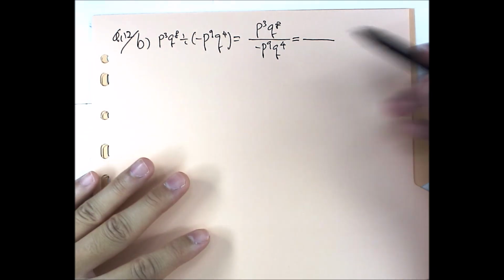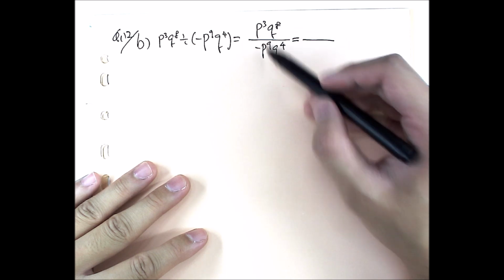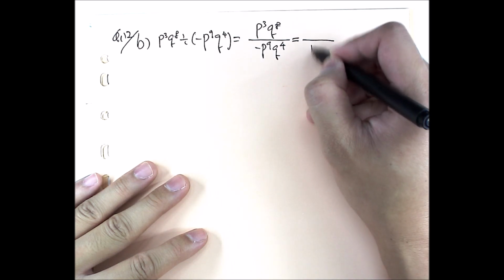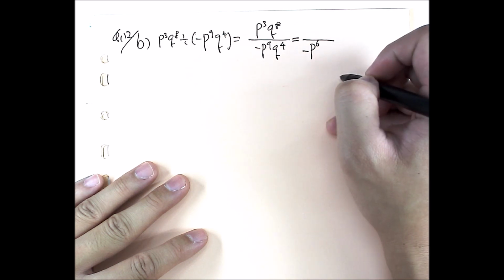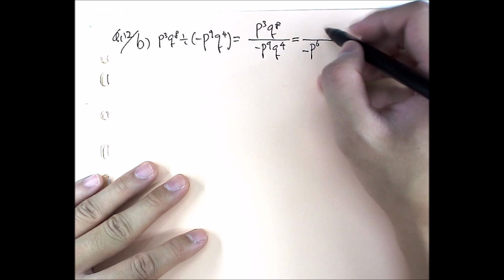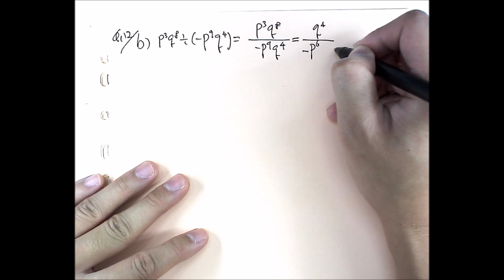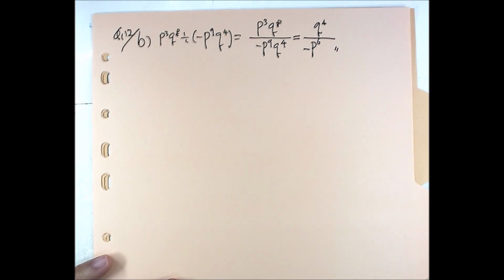Okay, do some cancellation. Just find a p. This is p to the power 3 and then this is p to the power 9. Which one's bigger? 9 is bigger, right? So the result is here. And then 9 minus 3 is 6. Keep the minus, understand? So for the q, the 8 is bigger, okay? 8 minus 4 is 4, but your result is at the numerator, understand? Is it okay?